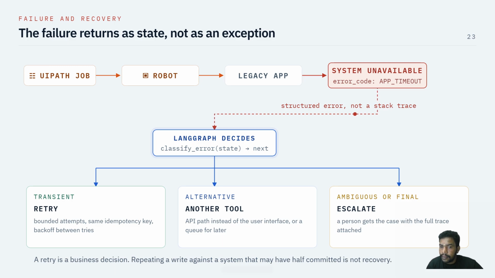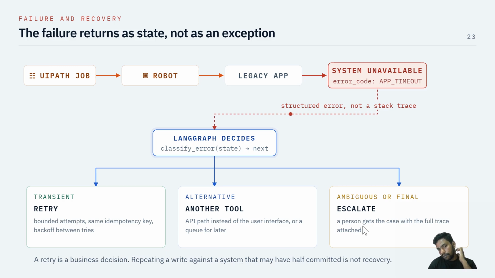If the path is blocked but the goal is still valid, use an alternative tool, like an API instead of the user interface, or queue for later. And if the outcome is ambiguous or final, escalate to the concerned person with the full trace attached.